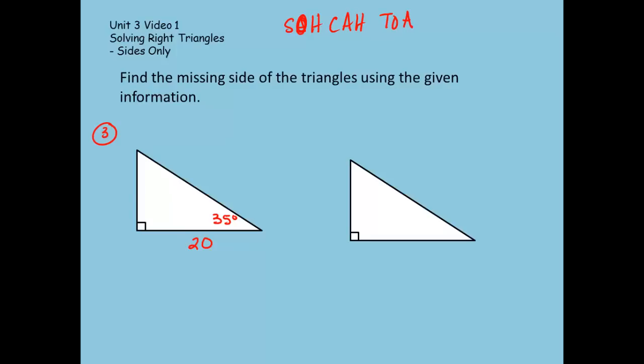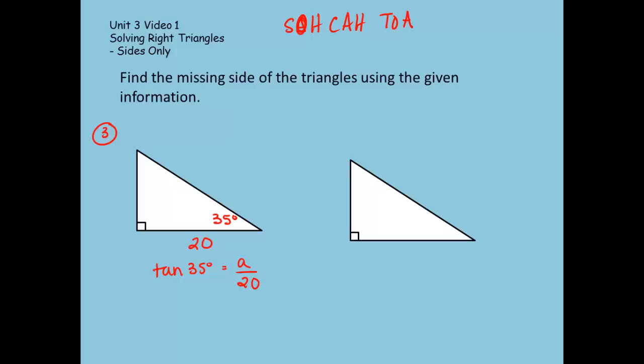Okay, so if I have right here an adjacent and I want to find the opposite, then I'm using tangent. So I have tangent of 35 degrees equals a missing side over 20. Okay, so go ahead and calculate that.